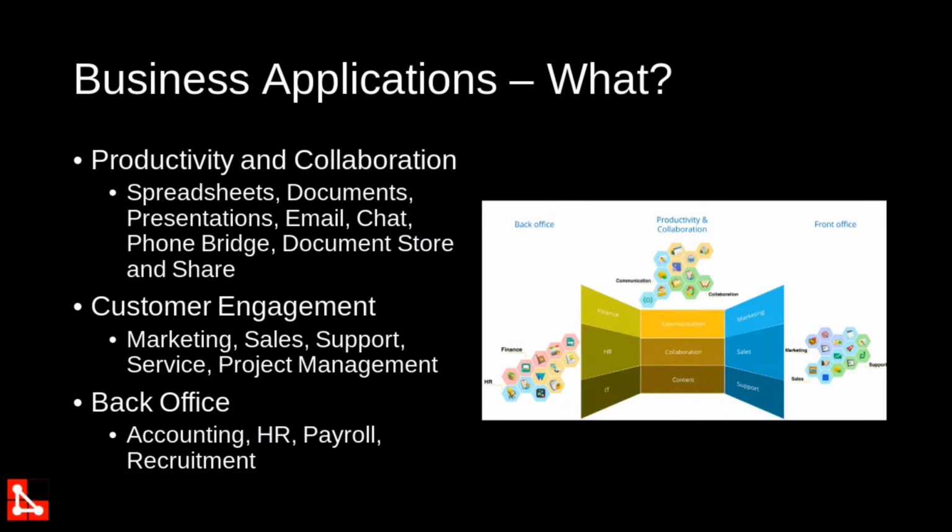Accounting software and HR software, payroll, the boring stuff, as we'd like to call it in sales, but very important for the business. But the whole collective here, productivity, collaboration, customer engagement, and back office, forms your suite of business applications. And therefore your requirements will link back into that suite.